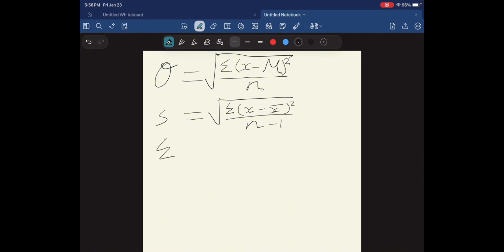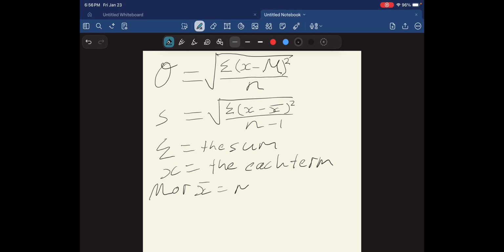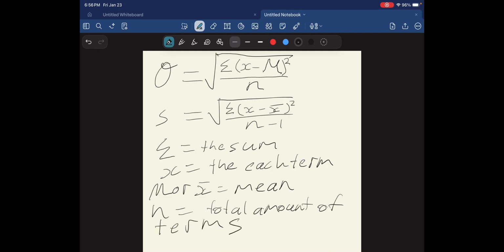So this means the sum of whatever's next to it, x equals each term, m or mu or x bar equals mean, and n equals the total amount of terms. Okay, maybe good to write this down.